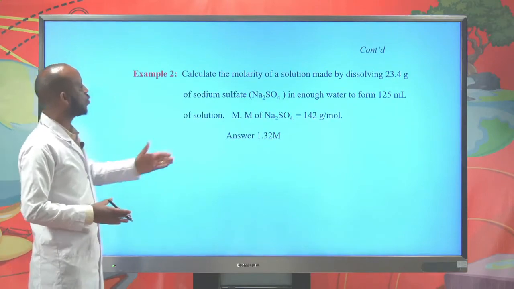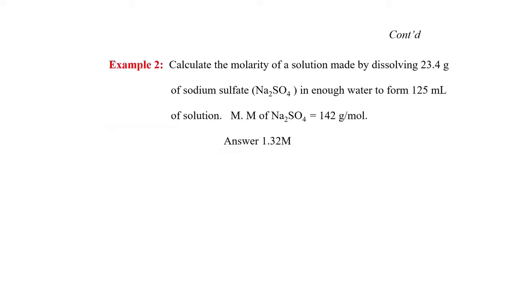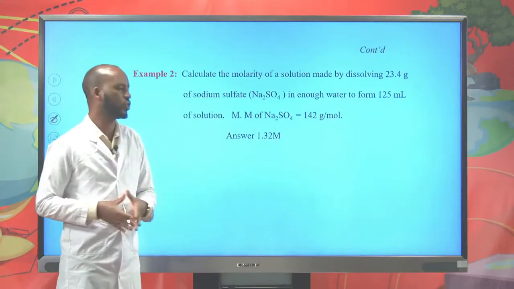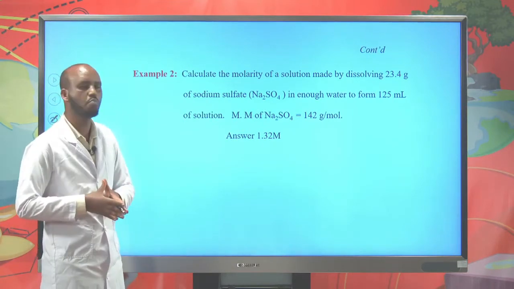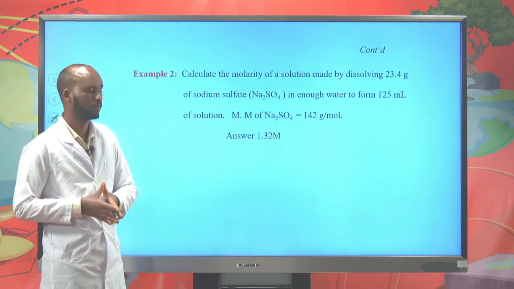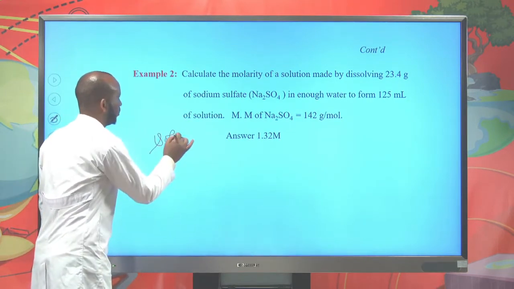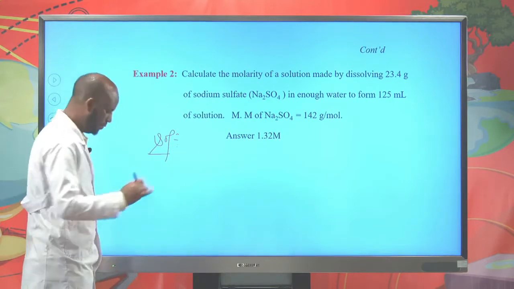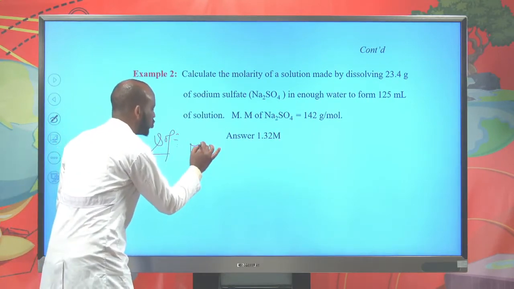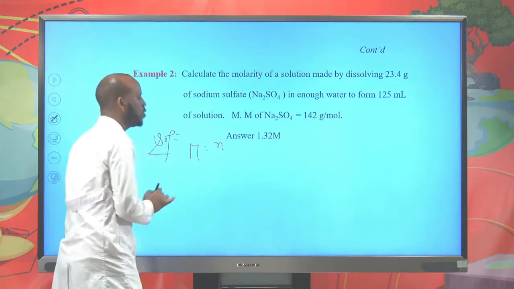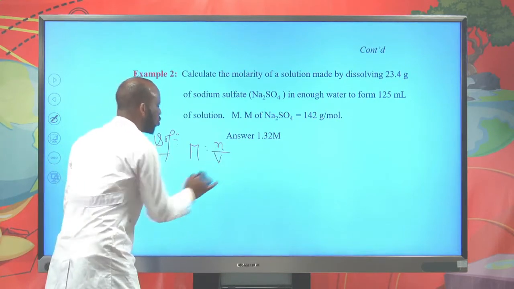Example 2. Calculate the molarity of a solution made by dissolving 23.4 gram of sodium sulfate in enough water to form 125 milliliter of solution. Molar mass of sodium sulfate is 142 gram per mole. Let us do it together. Molarity of the solution equals the number of moles of solute divided by the volume of the solution.